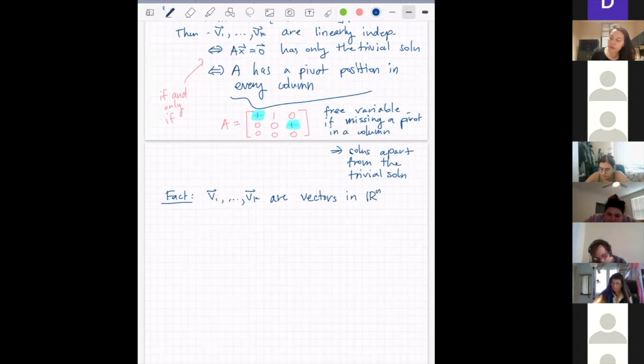And suppose k, so our number of vectors, is greater than the dimension of the space that they're coming from. If that is the case, then we must have that v1 up to vk are linearly dependent.